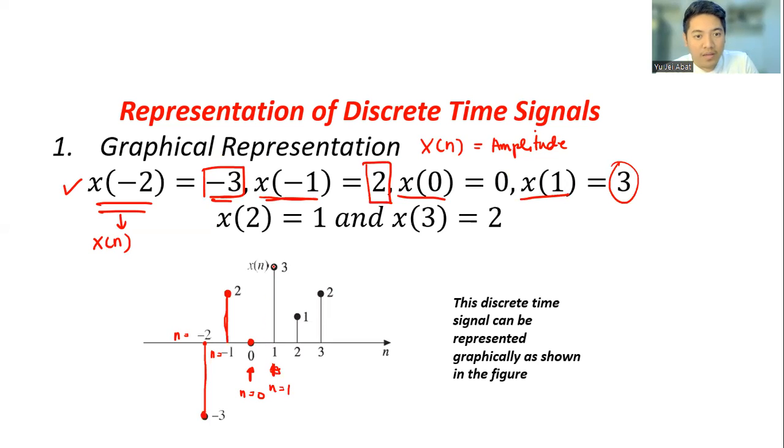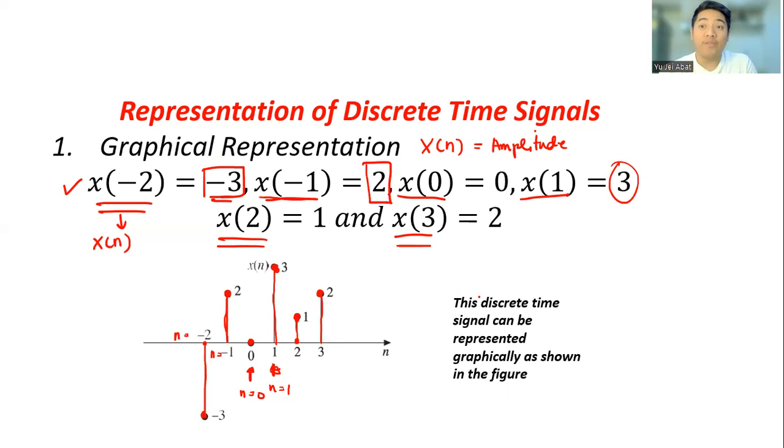We have x of 2, so the position n is 2, and the amplitude is 1. And last but not least, we have x of 3, with an amplitude of 2. So this is the discrete time signal represented by graphical representation.